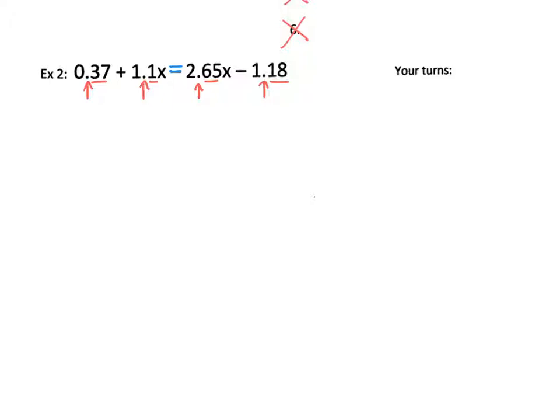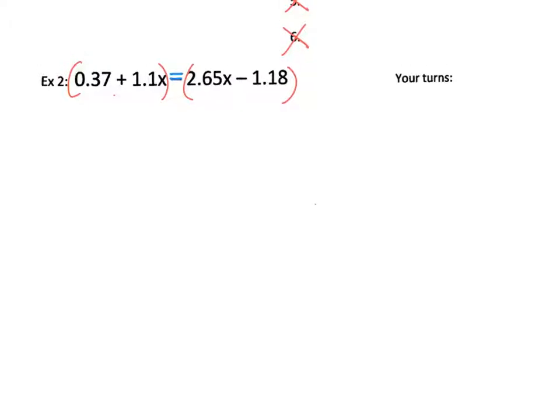So that means we're going to multiply everything by 100, because that is going to allow us to get rid of the variable. I'm sorry, not the variable, but the decimal point. So multiply everything by 100, and let's see what we get.